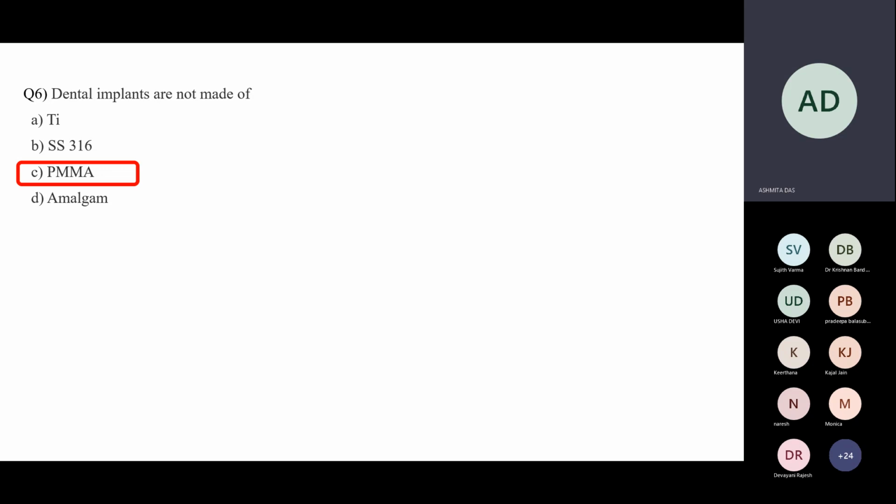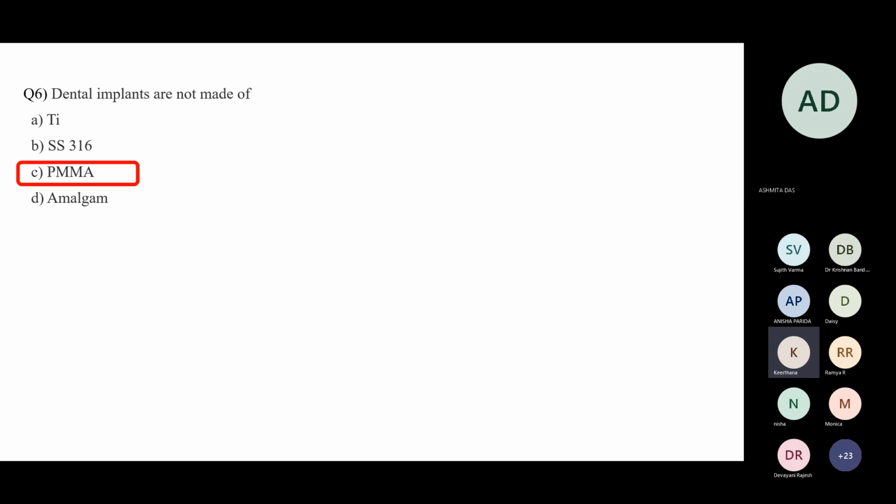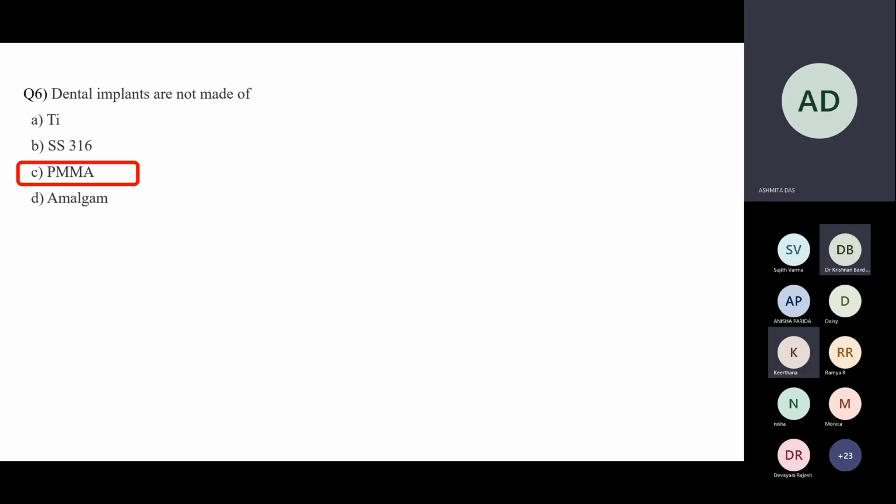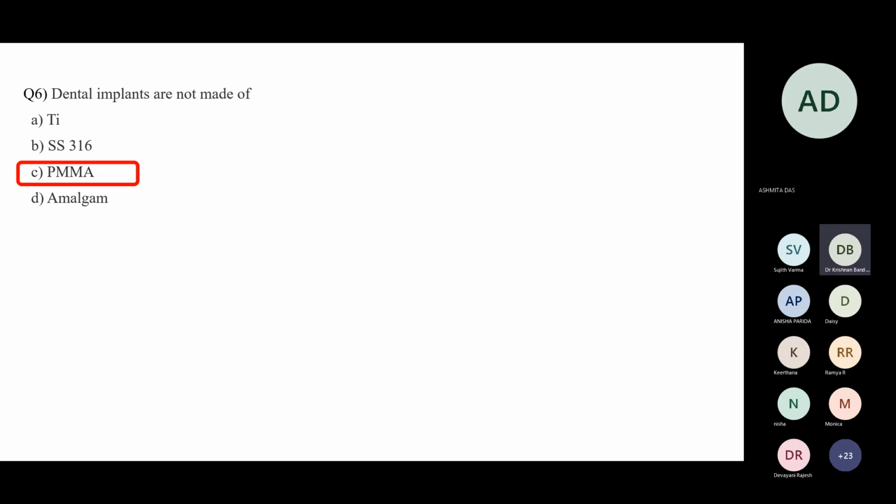Okay, so dental implants are not made of a similar type of question. Can you tell me what is SS316, Ti, amalgam, and PMMA? Stainless steel, with carbon percentage 0.08, and SS316L has lower carbon percentage.